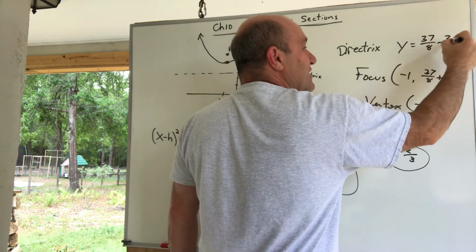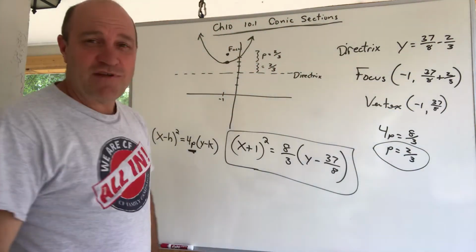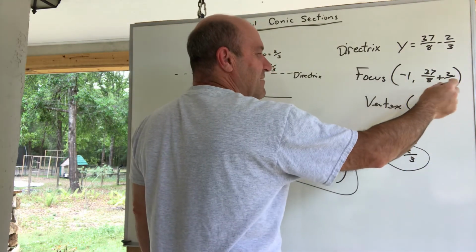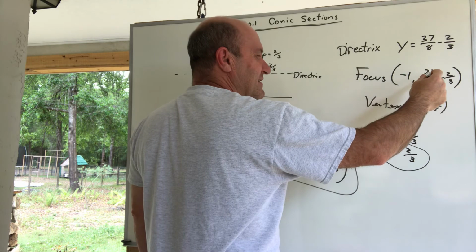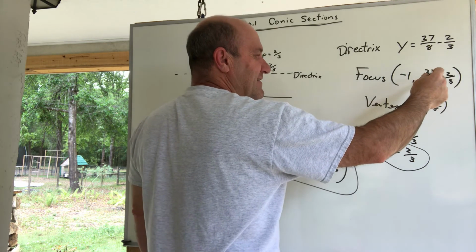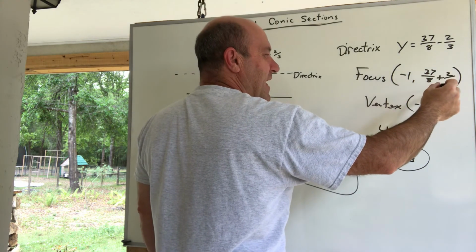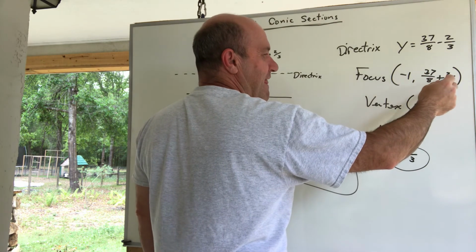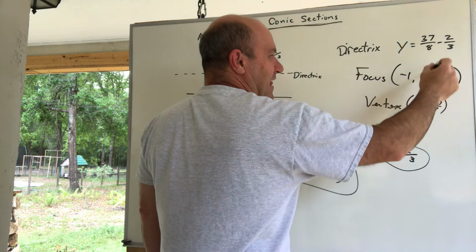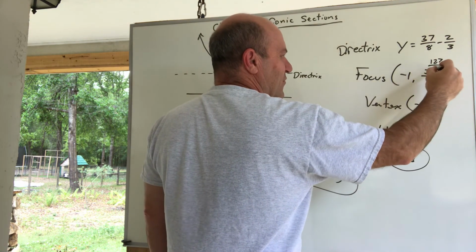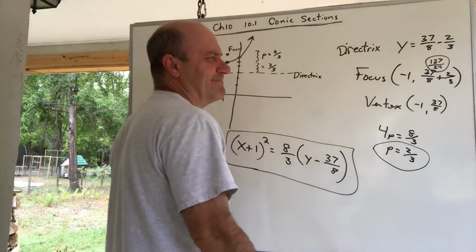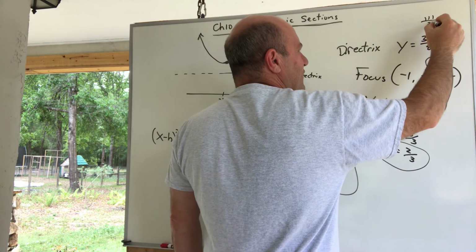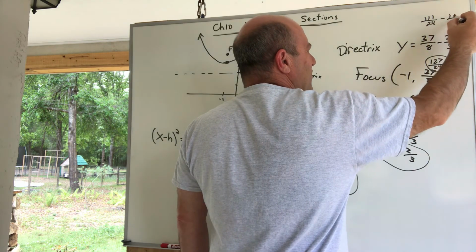37/8 minus 2/3. So, did you guys do that math? You want me to do it? What's the common denominator? Oh my goodness. A calculator might be helpful. I think I get 111/24 minus 16/24.